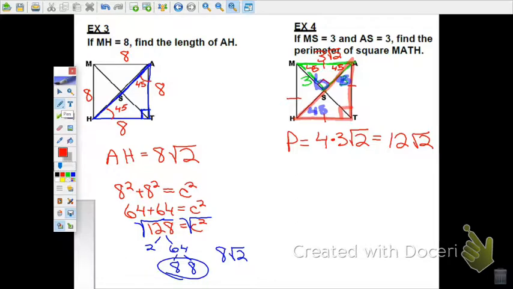The hypotenuse is leg times square root of 2, so we would have to divide by square root of 2, which means we have to rationalize.